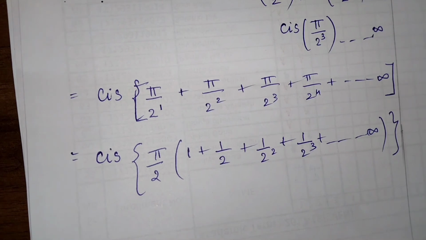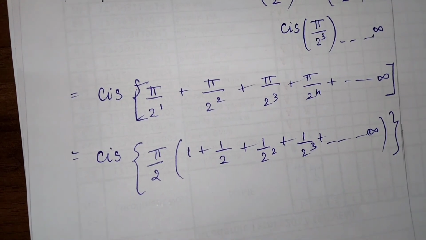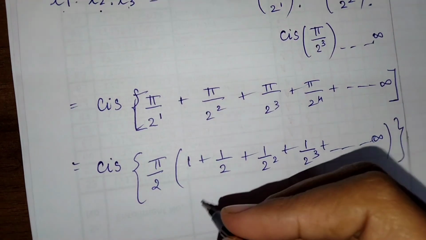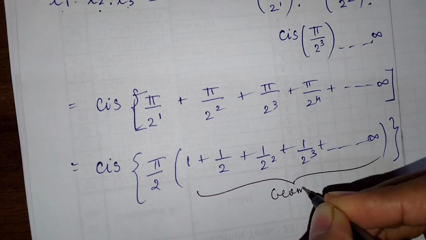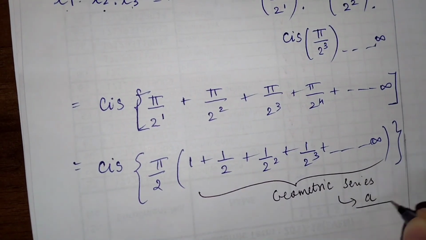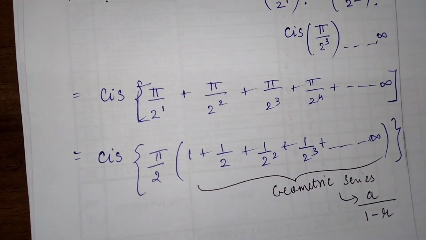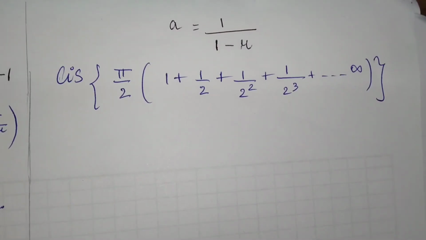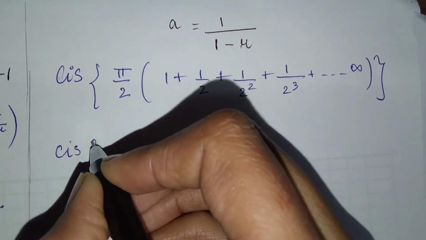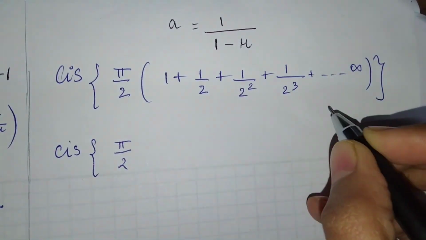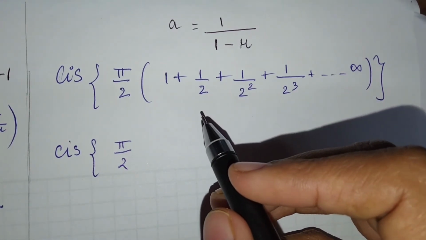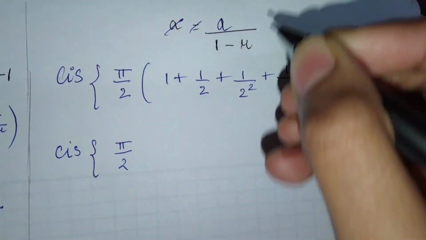But already in 12th standard you have studied that this is a geometric series. And in a geometric series, we write the sum as a upon 1 minus r. So according to this geometric series, we can rewrite this equation as cis pi by 2, and in place of this whole term we will write a upon 1 minus r.